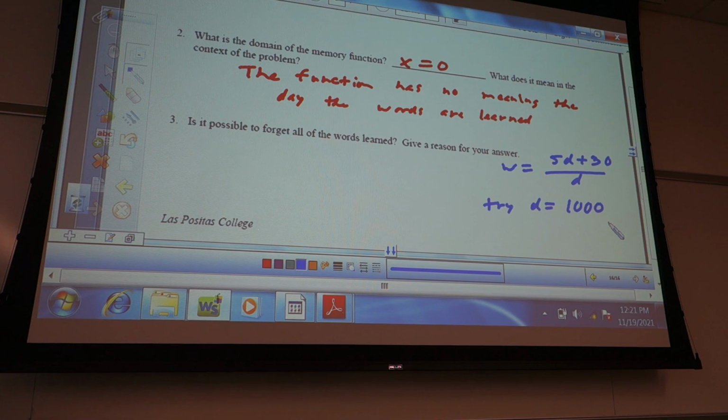So is it possible someone forgets all the words? Somebody might, but someone else will remember a bunch of them. So, I don't know. What did folks get when they put in 1,000? I got 5 point something really small. Anybody else get that? 5 point like 003 or something like that. Yeah.